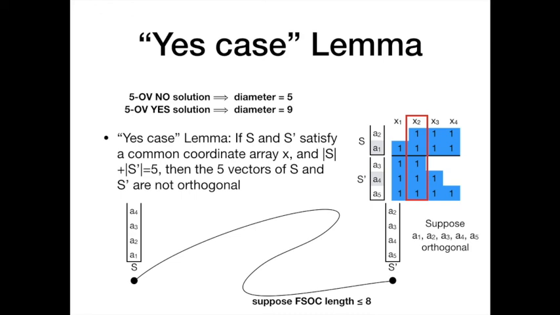We use this path, and we find along this path 2 vertices that each have some stack, S and S prime. Together they have all the elements of A1 to A5, and furthermore, there's some coordinate array in each of these 2 vertices that is satisfied by the corresponding stack. So that means that there are these 2 stacks that satisfy the same coordinate array, which means A1 to A5 are not orthogonal, and that's a contradiction.